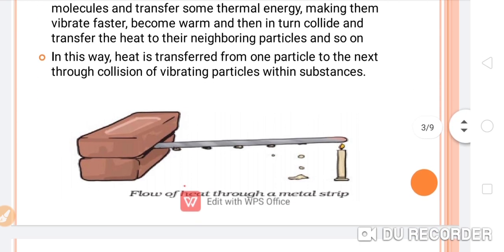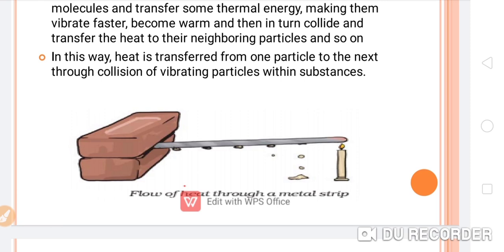You can see in this figure there is a burning candle, and we have an iron strip, and on this iron strip we have placed wax at different distances. What will happen if you expose it over the burning candle?